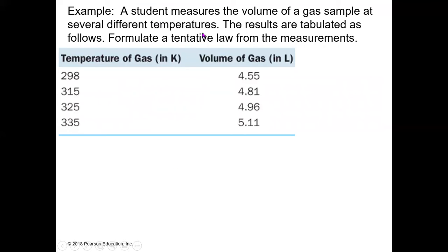Example: a student measured the volume of a gas sample at several different temperatures. The results are tabulated as follows. Formulate a tentative law from this measurement. Here's the temperature, here's the volume. You can do many different types of mathematical calculations to see if you can get some kind of equation or pattern.